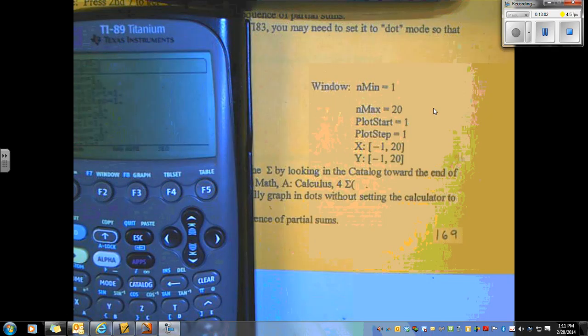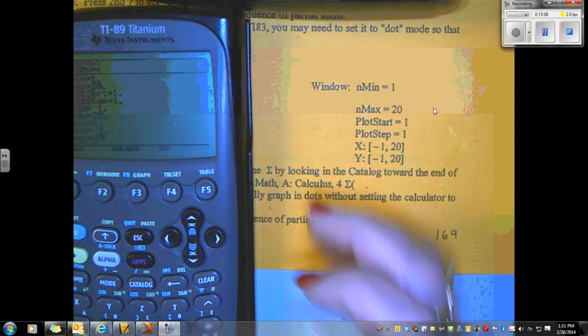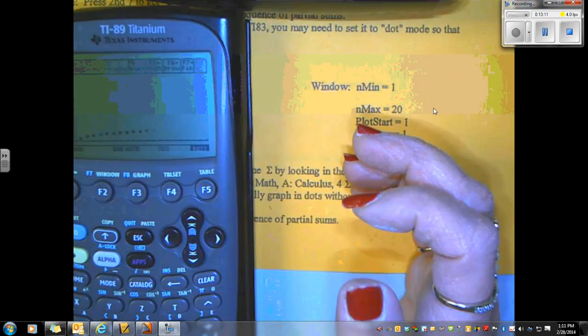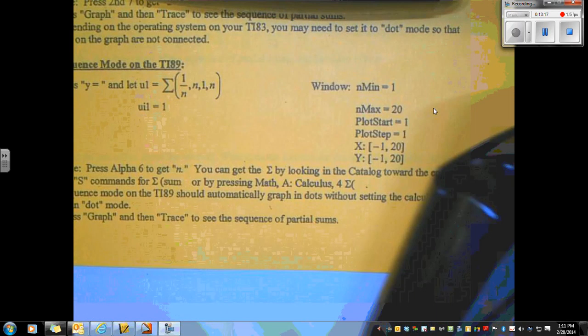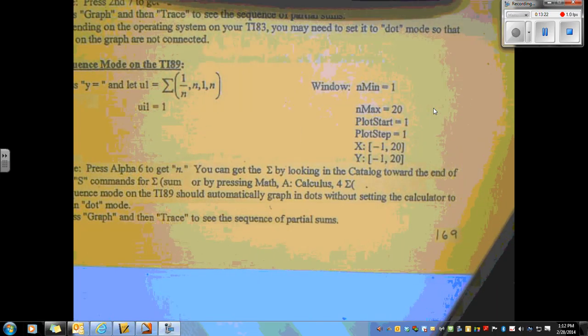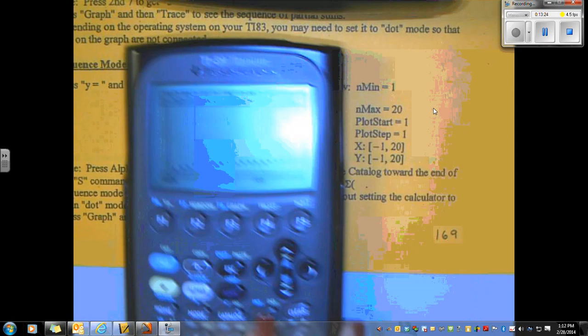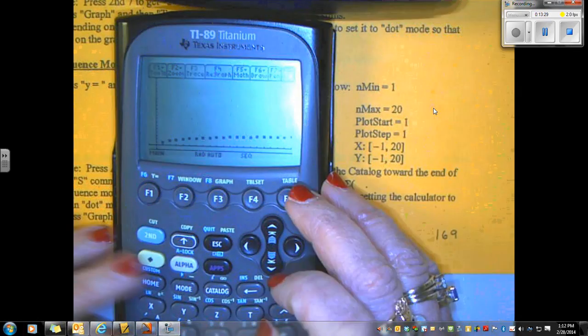Kendall, Sarah? Yes? All right, so now I should hit graph. It should automatically do dots. Now, let's trace. I want to see what it says when I trace it.